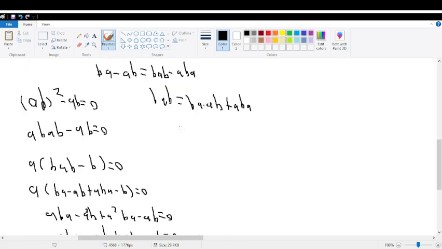using once again the standard definition, we have that ba minus ab is equal to ba minus ab.